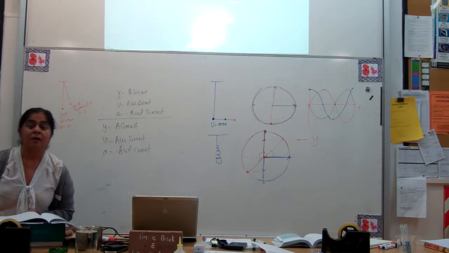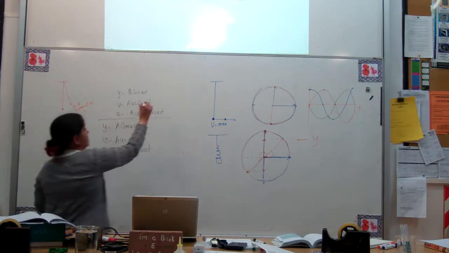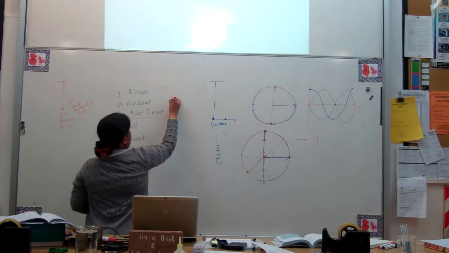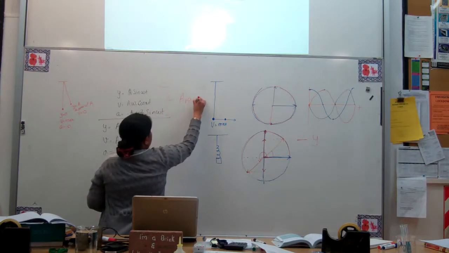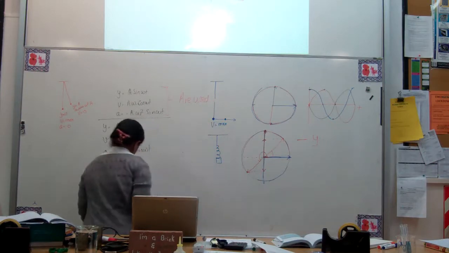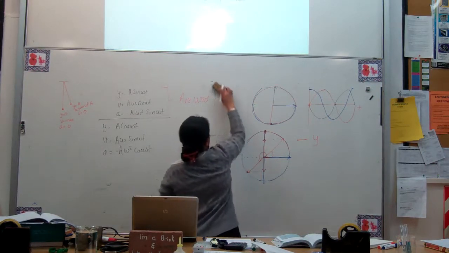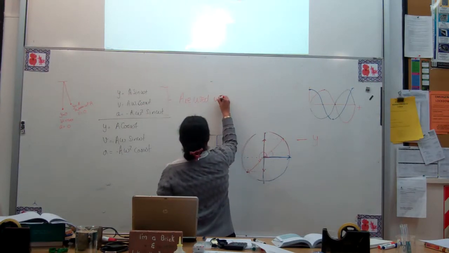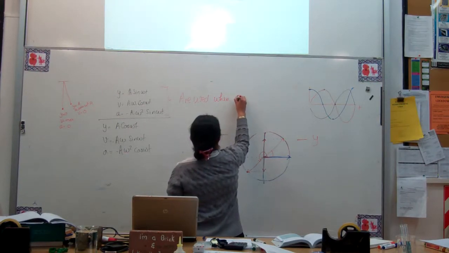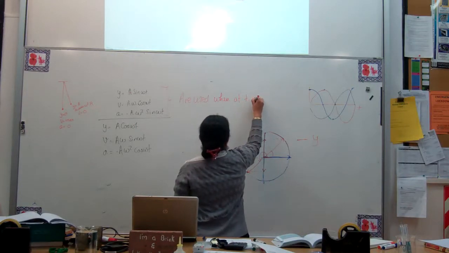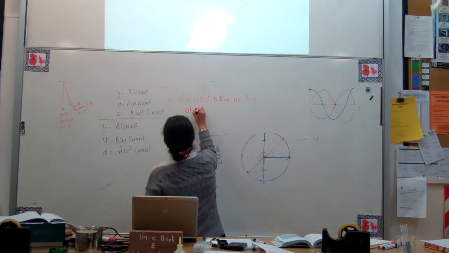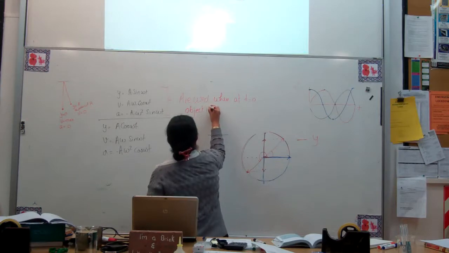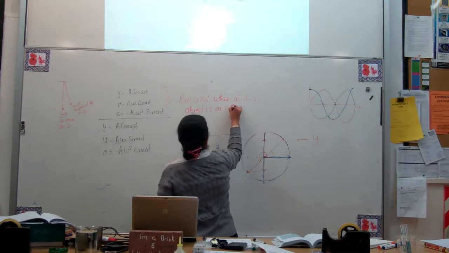Can you just repeat it again? These 3 are used when at t equals 0, object is at equilibrium.